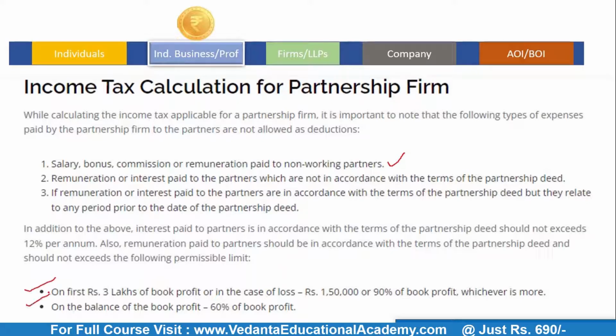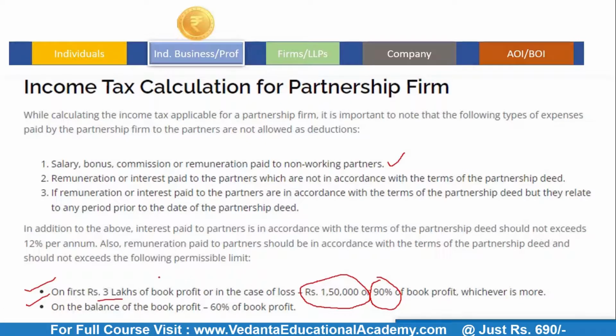One is that on the first 3 lakhs of profit or even loss, you are not allowed to make the payment of remuneration or salary or bonus of more than 1,50,000 in case of loss. In case of profit, you are not allowed to make the payment of more than 90% of the book of account profit, whichever is higher. So you are not allowed to make the payment beyond 1,50,000 in case of loss and more than 90% of the profit in case of profit.